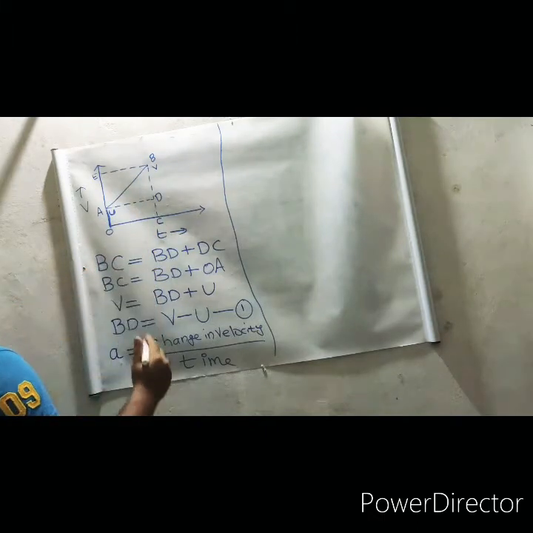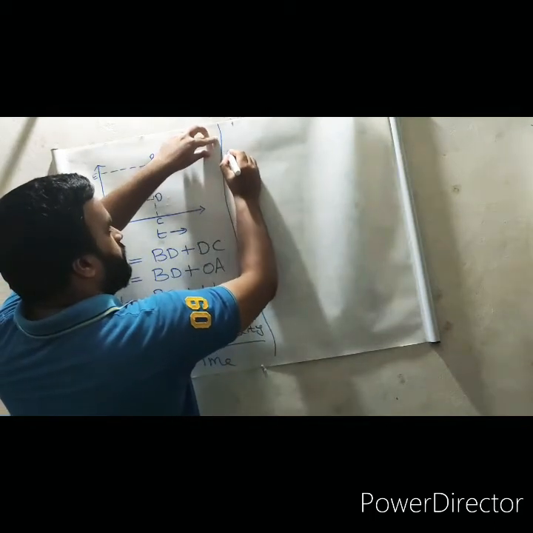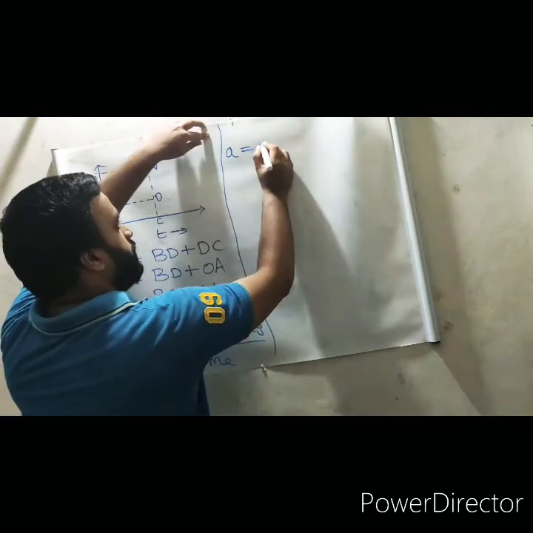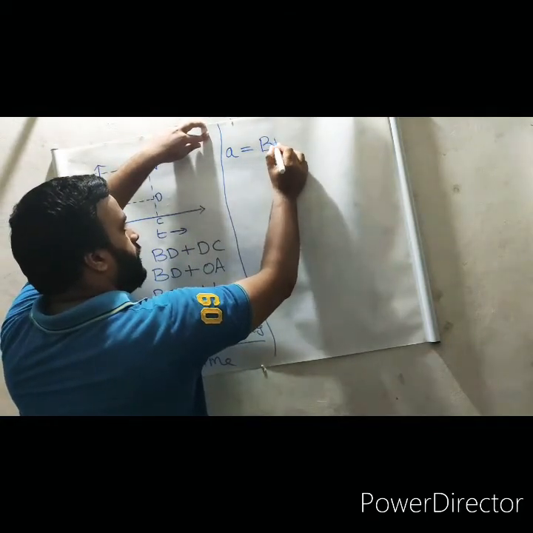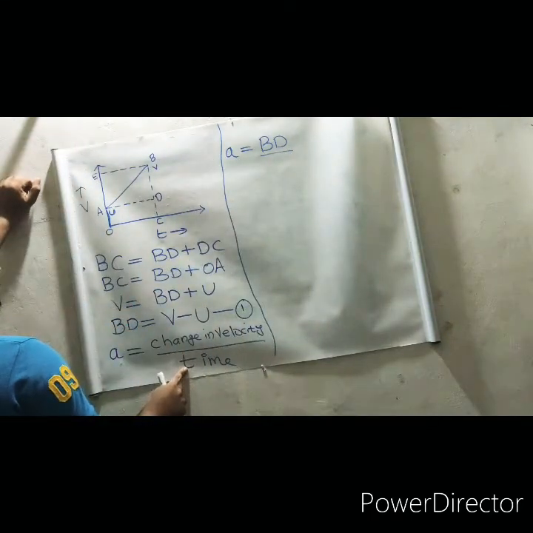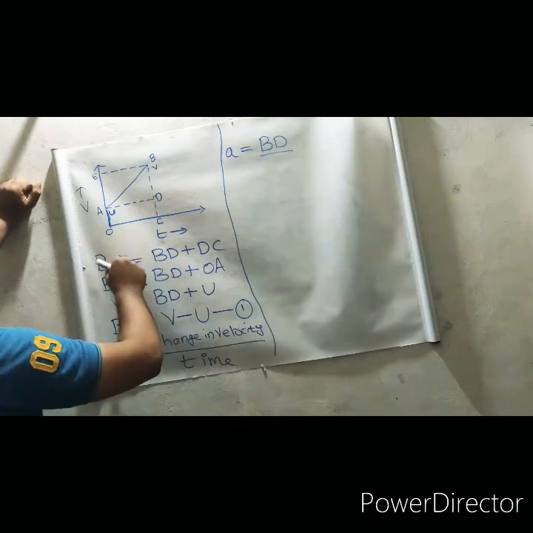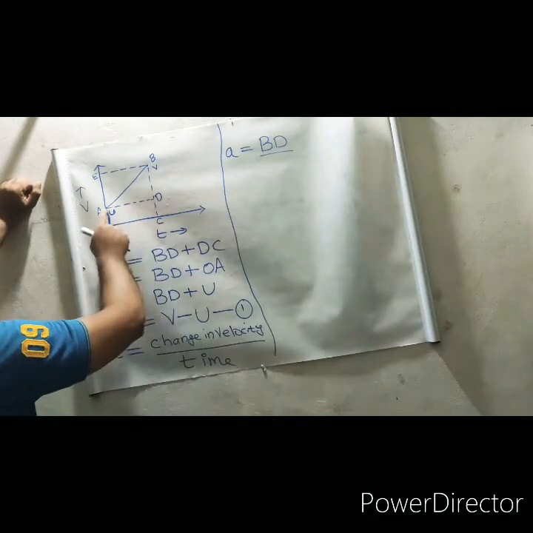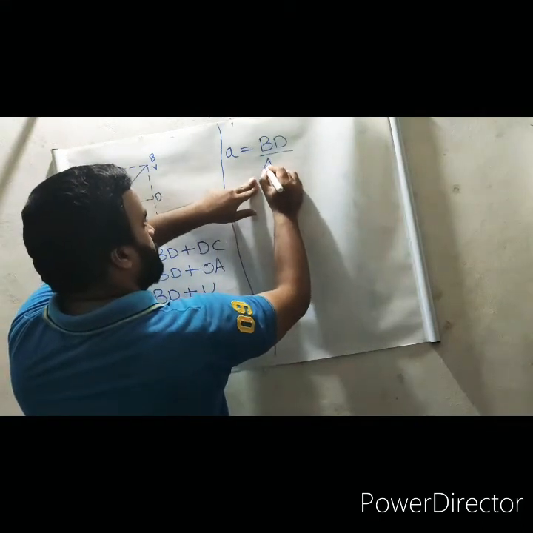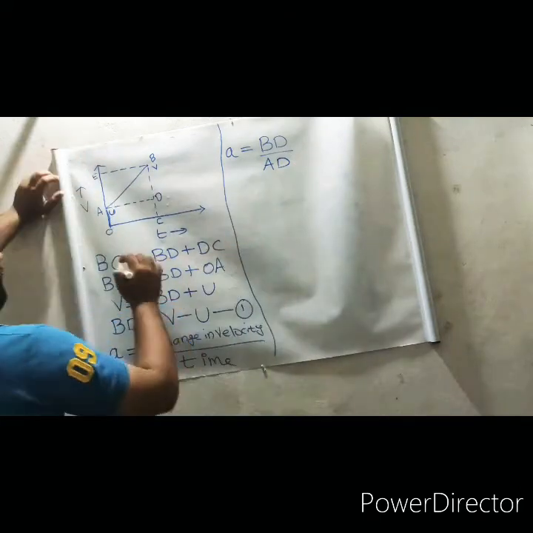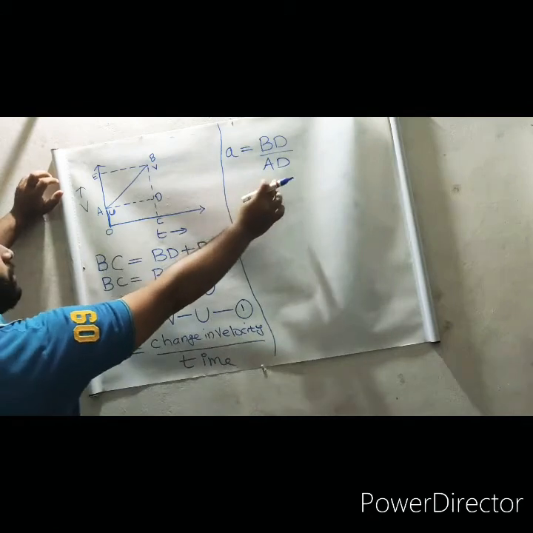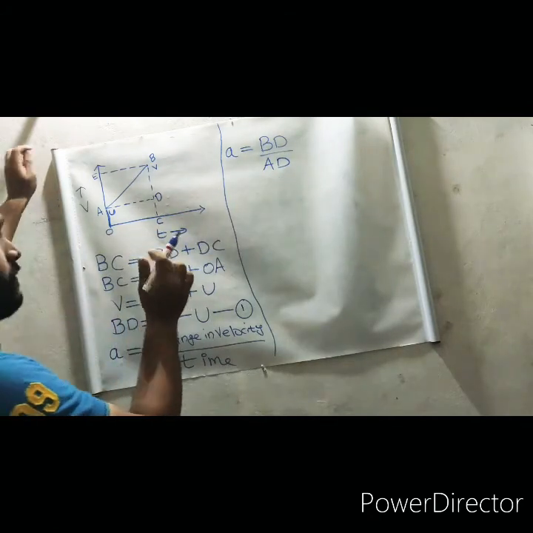So BD is the change in velocity. We can write a is equal to change in velocity BD divided by time. What is the time? Time is AD. This line AD is parallel to OC, so in place of AD we can write OC.